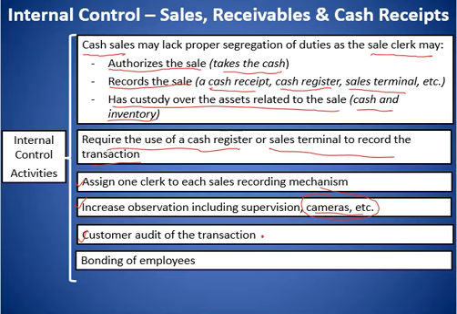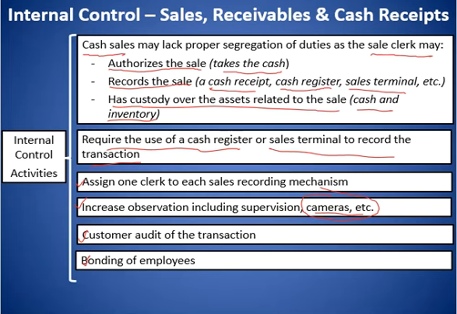The reason for that is they want that transaction recorded. Another area is bonding of employees. In other words, companies will professionally bond or will insure against employee theft, which means the employees typically go through a form of background check in terms of what they may have done in the past.